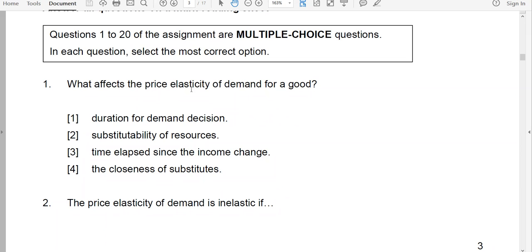Remember, price elasticity is about the demand of that product. Whether the price goes down or up, if the price goes down, there might be a higher demand for the product.